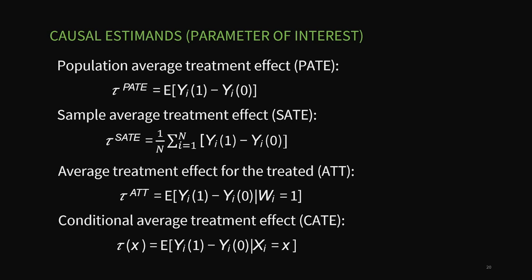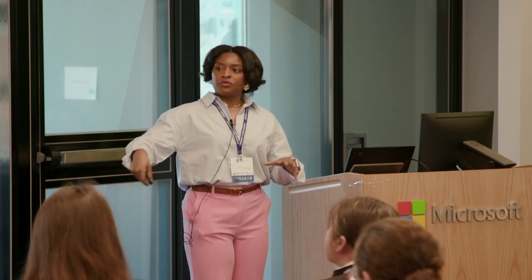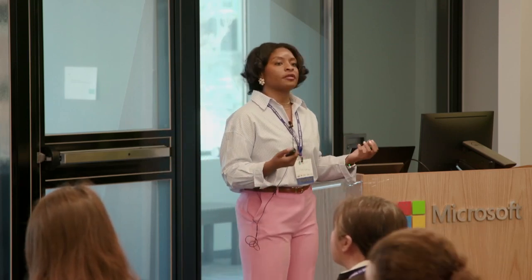We have various causal estimates that are used, particularly in the scenario that we discussed here. But the one we'll uncover is the population average treatment effect. All this is saying is, if I were to randomly choose a group of customers, what is the average treatment effect that I would expect?